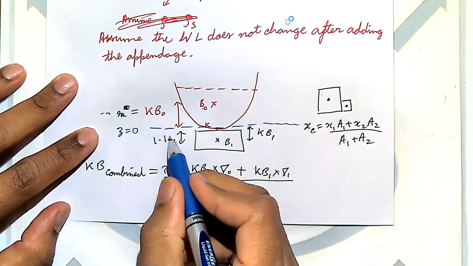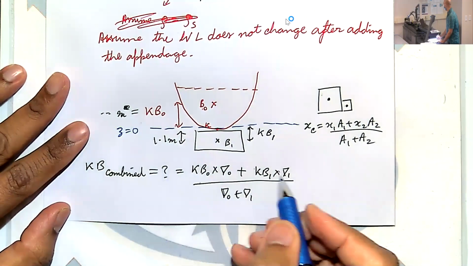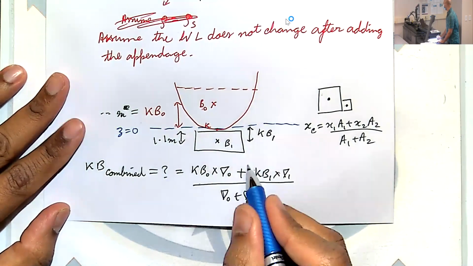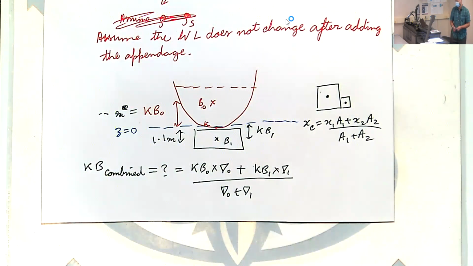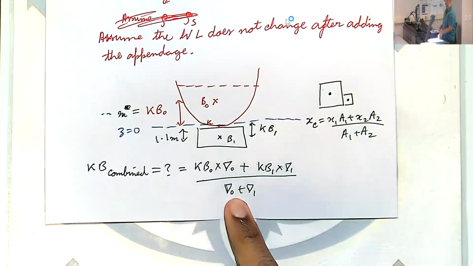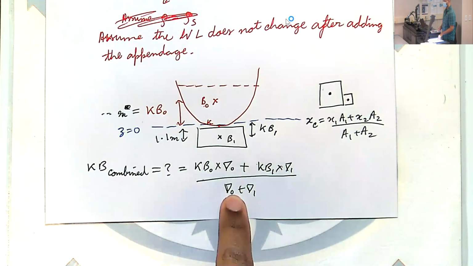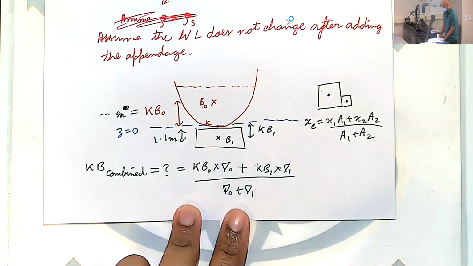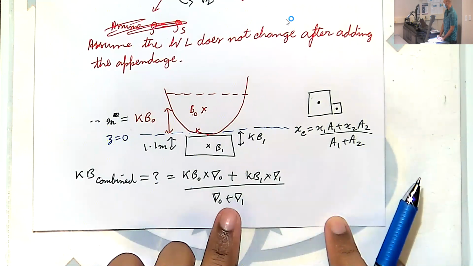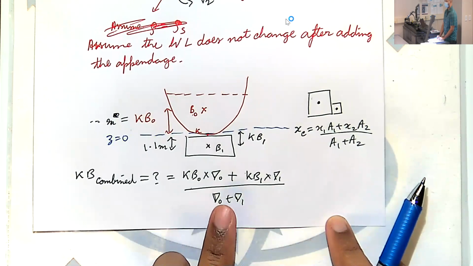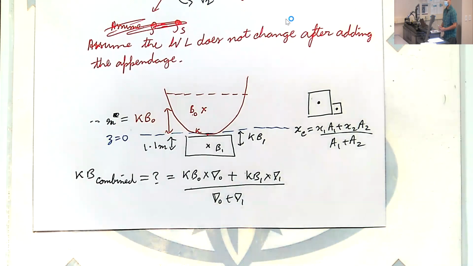Since we add this at z equal negative 1.1, that value would be negative. To find the total displacement, you have the total volume times rho times g.